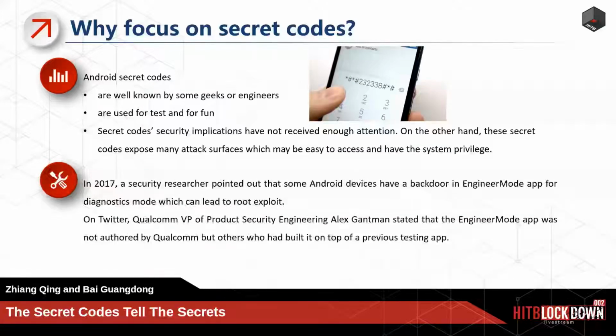Later, the Qualcomm VP of Product Security Engineering, Alex, stated on Twitter that the engineer mode app was not authored by Qualcomm, but by others, maybe the manufacturers, who built it on top of a previous testing application.